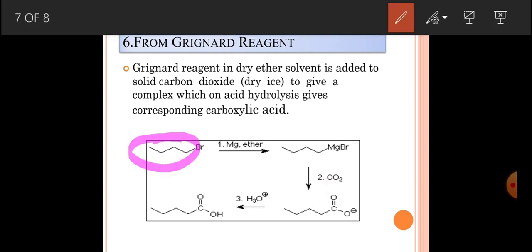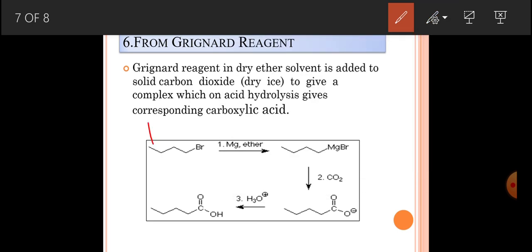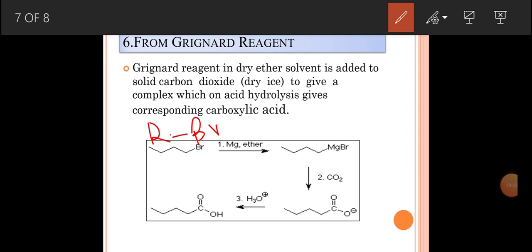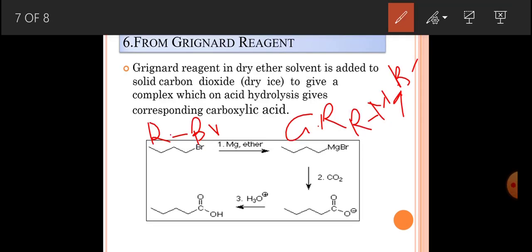This whole thing consider as R. So R-Br. ठीक है. अल्किल ब्रोमाइड है ये. अल्किल ब्रोमाइड रिएक्ट विद द मैग्नीशियम एंड ईथर गिव्स यू RMgBr. दिस इज द ग्रिग्नार्ड रिएजेंट. ये हो गया ग्रिग्नार्ड रिएजेंट. व्हाट इज दैट? R-Mg-Br. ठीक है. So this is the Grignard reagent.